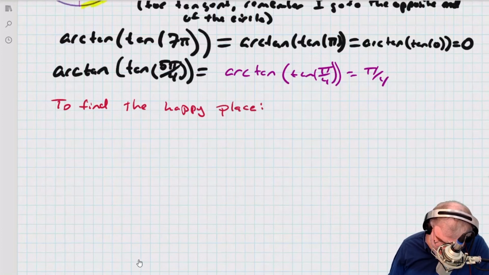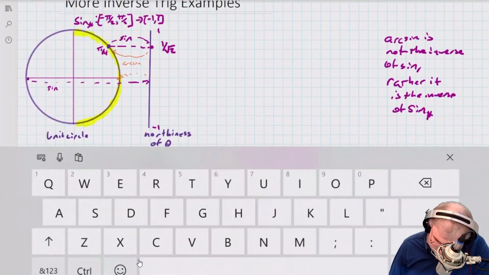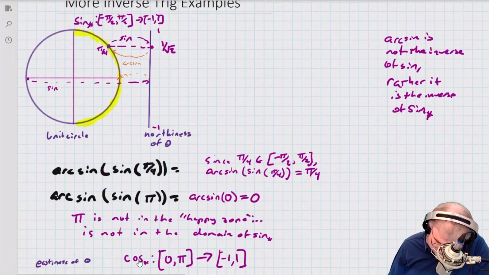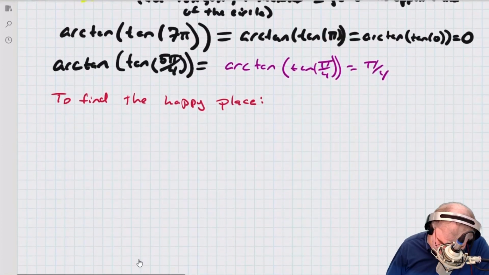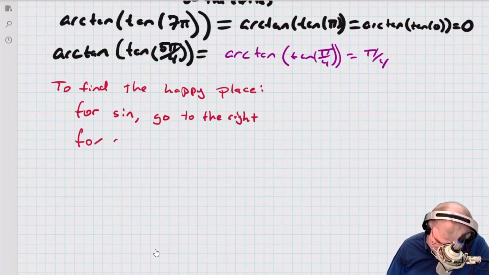For sine, I go to the right. For cosine, go to the top.